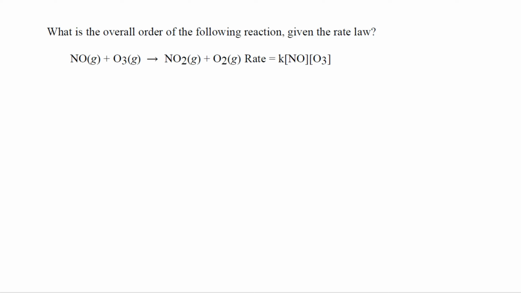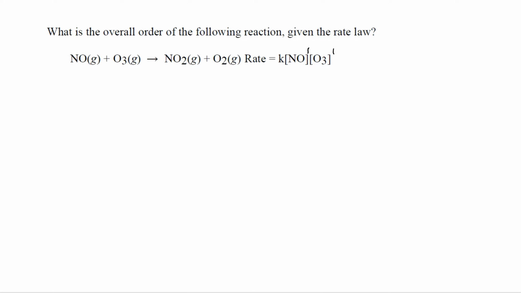So when they're asking for overall order of the following reaction, and we have the rate law, this is fairly straightforward because we know that the order of the reaction for the NO is 1, and the order of the reaction for the O3 is also 1.